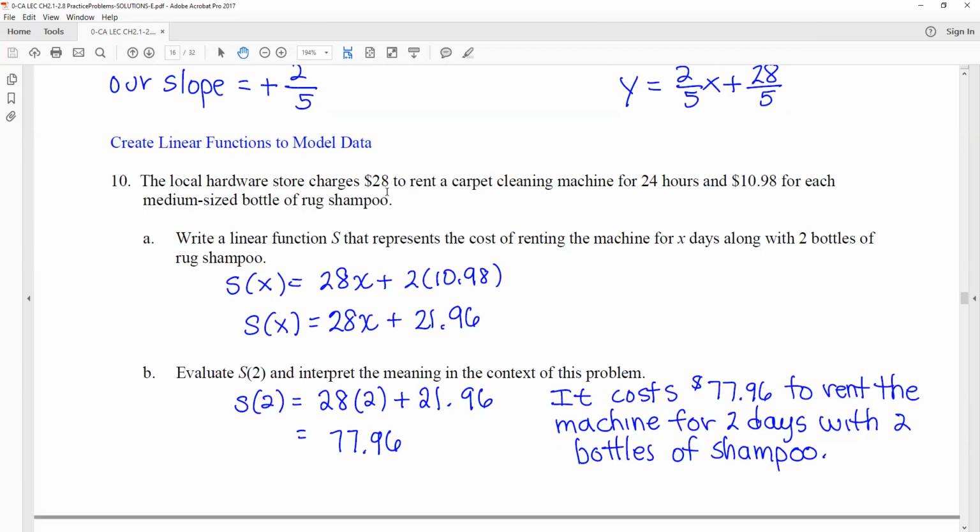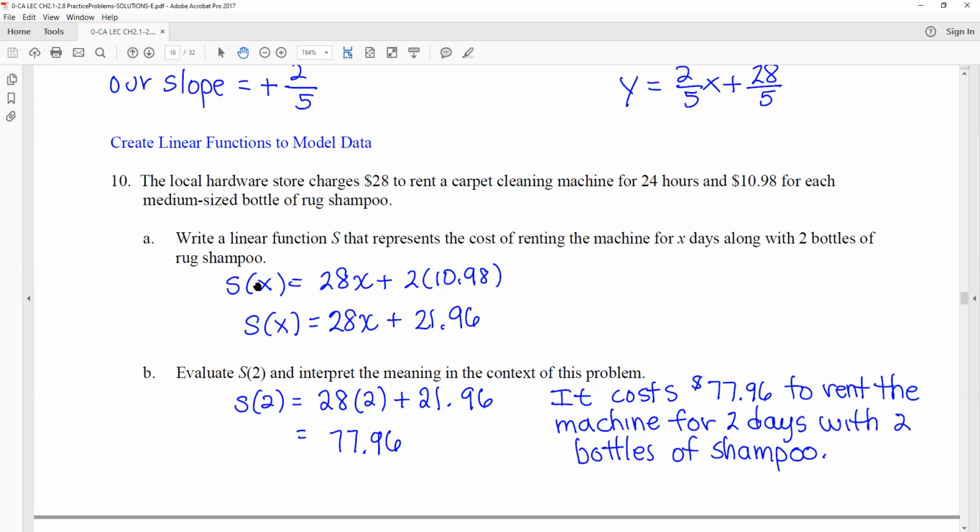A hardware store charges $28 to rent a carpet machine for 24 hours, and $10.98 a bottle of shampoo. Write the function that represents the cost of renting the machine for we don't know how many days, along with 2 bottles of shampoo.